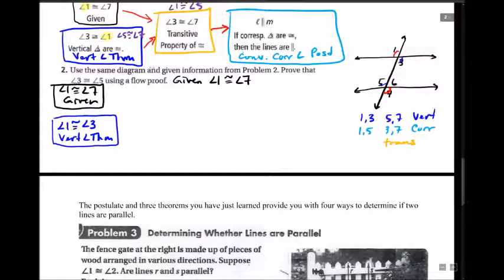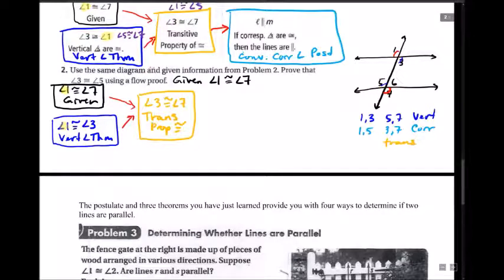And then what am I going to do with these two? Okay, so I am going to use these two to take me to angle 3 is congruent to angle 7, and that's our transitive property of congruence that lets us do that.